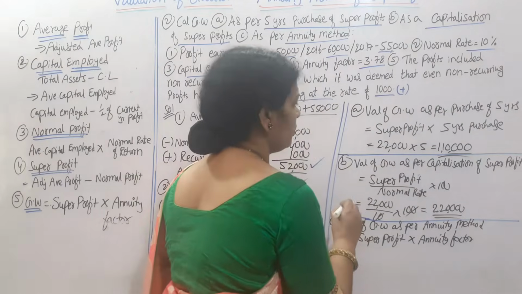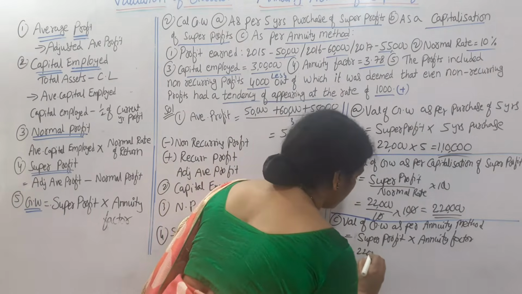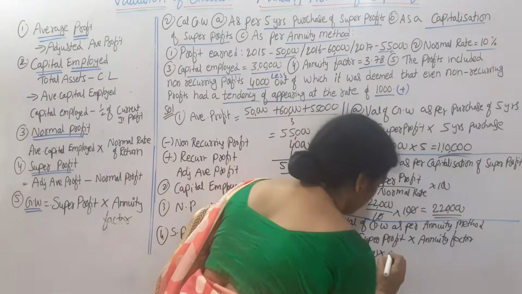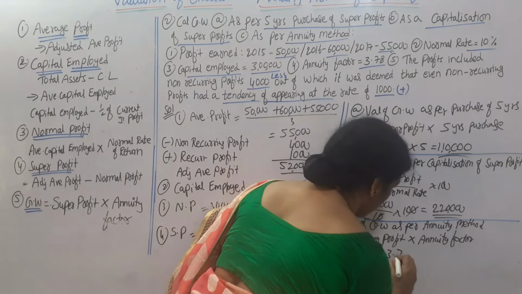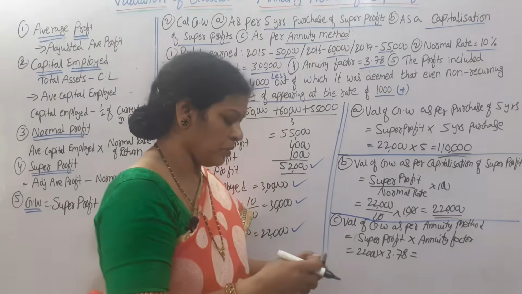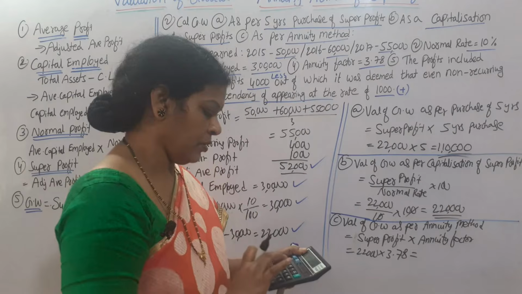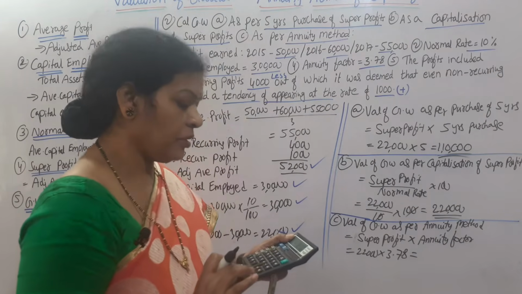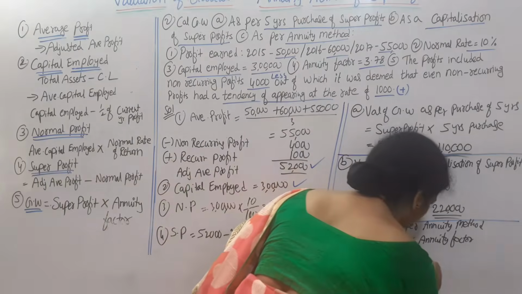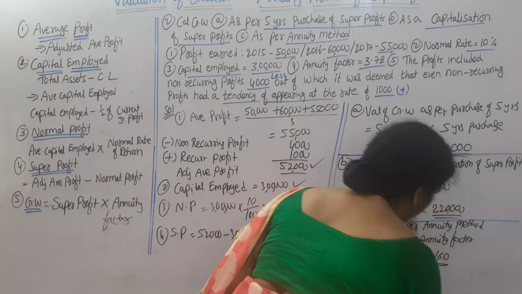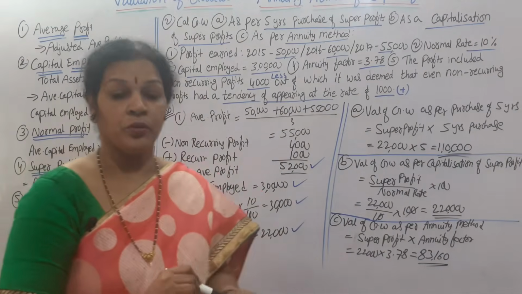Super profit is, you know, 22,000, into annuity factor 3.78. 22,000 into 3.78, 83,160. That's all, over.